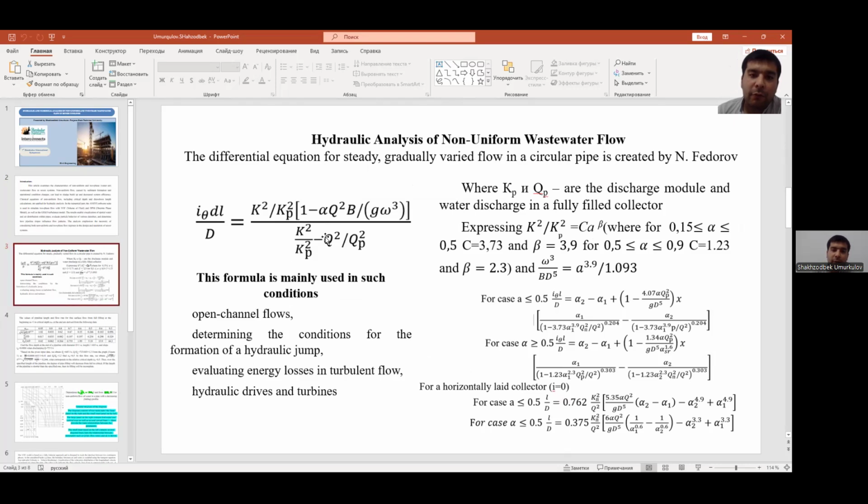The formula in the upper left side is mainly used in different conditions like open channel flows, hydraulic drives, and turbines, determining the conditions for the formation of a hydraulic jump, and evaluating energy losses in turbulent flow. And I attempt to explain it in two conditions.